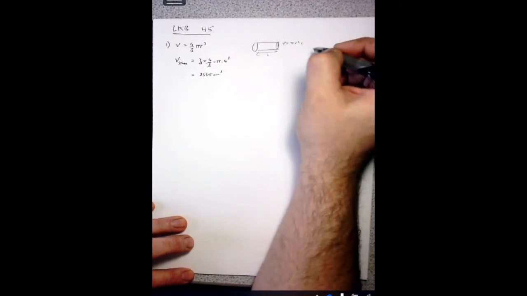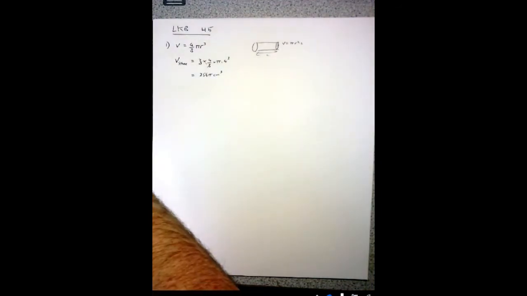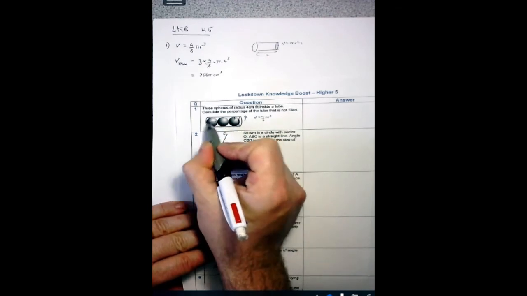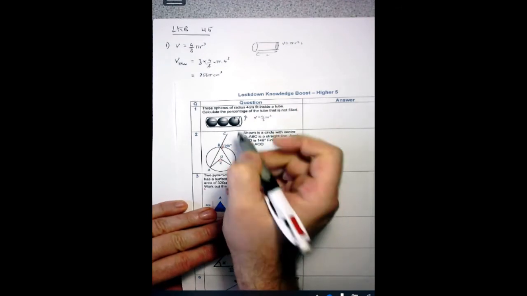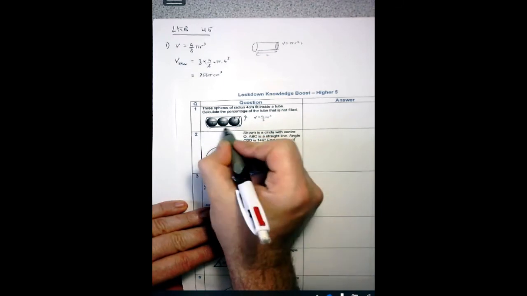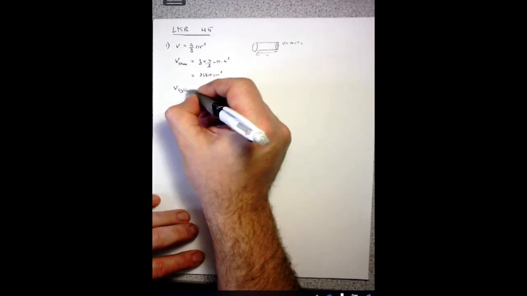So the length, 8, 16, 24, the length then will be 24. So the volume of the cylinder is pi times the square of the radius times the length, which is 24. 4 squared times 24, that's 384 pi.